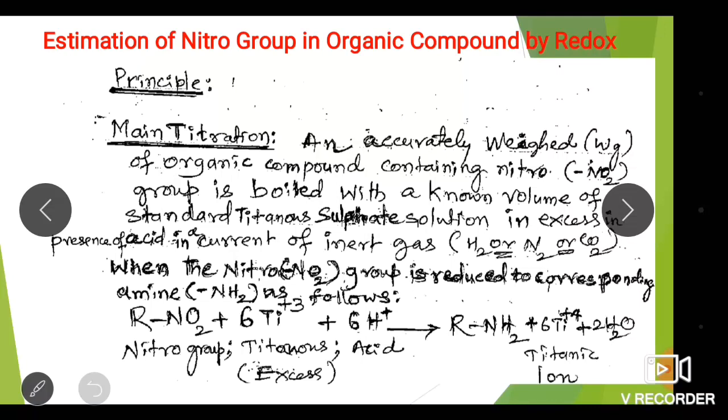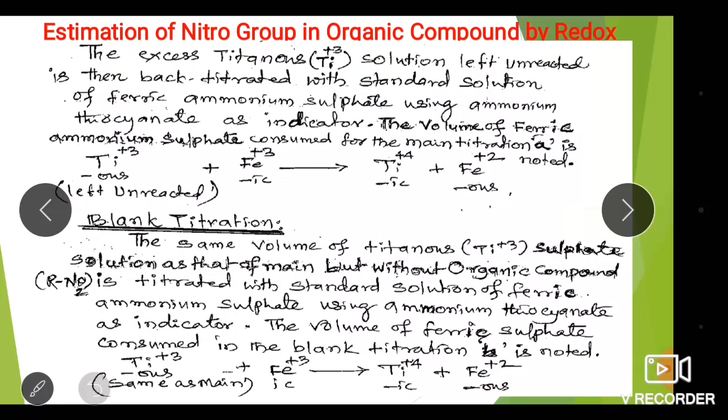The simple reaction is that the excess titanium, that is Ti3+ solution left unreacted, is then back titrated with the standard solution of ferric ammonium sulfate using ammonium thiocyanate as an indicator.